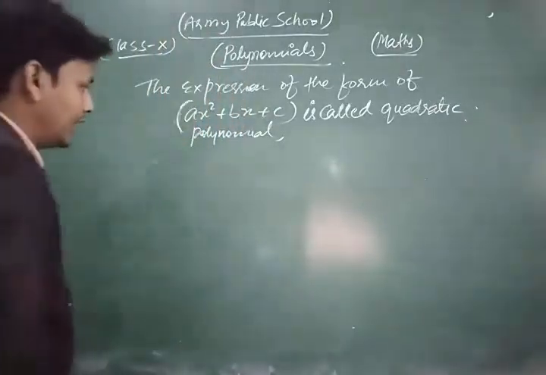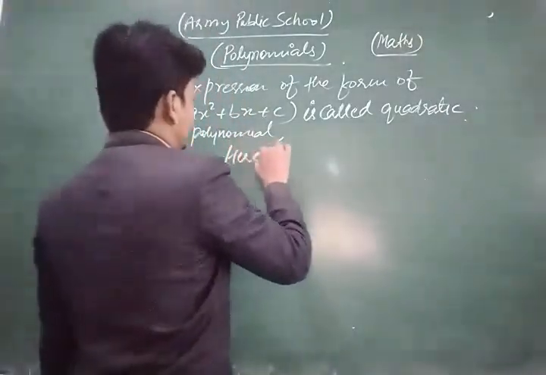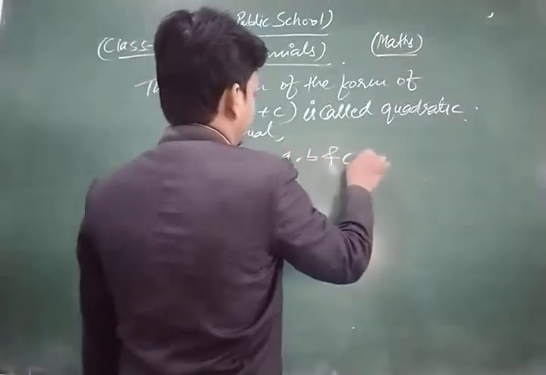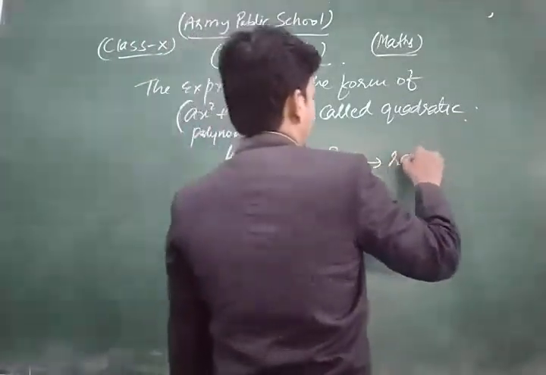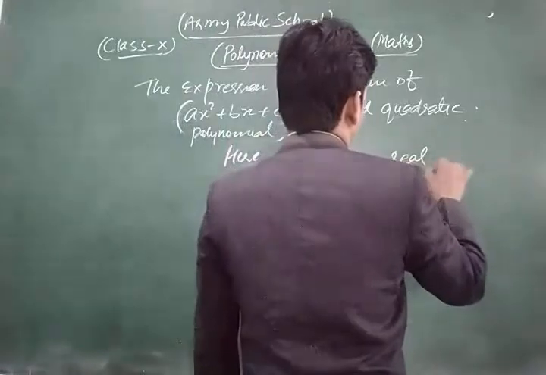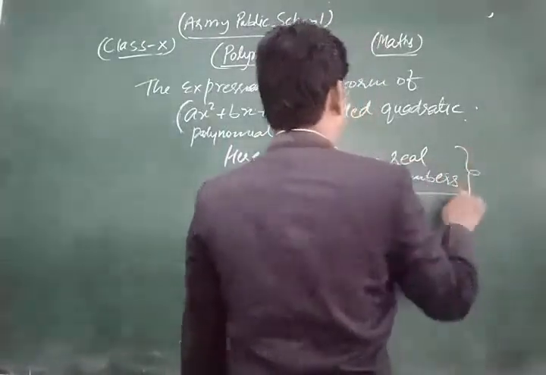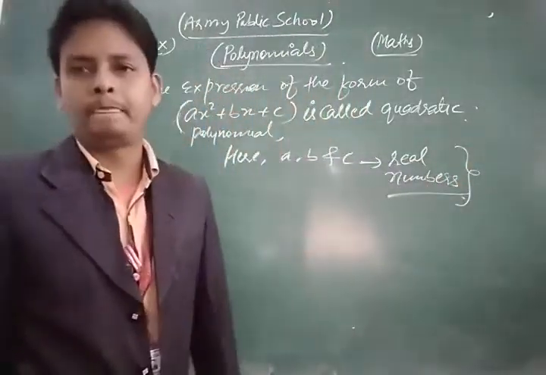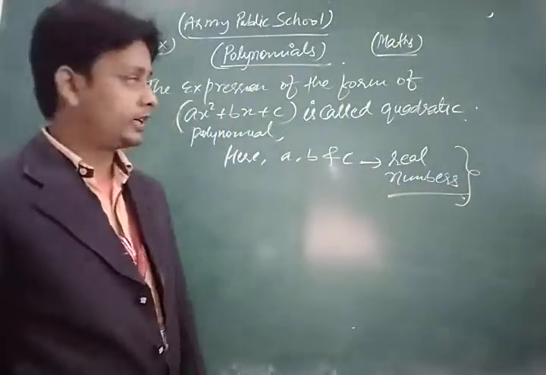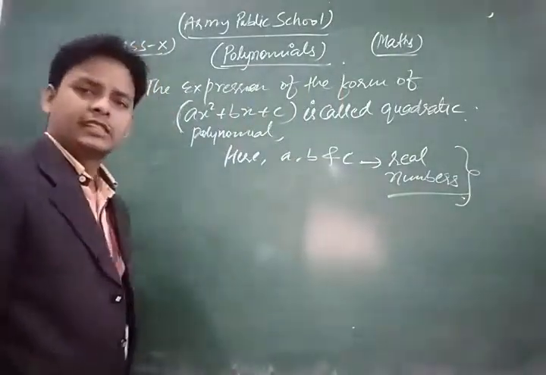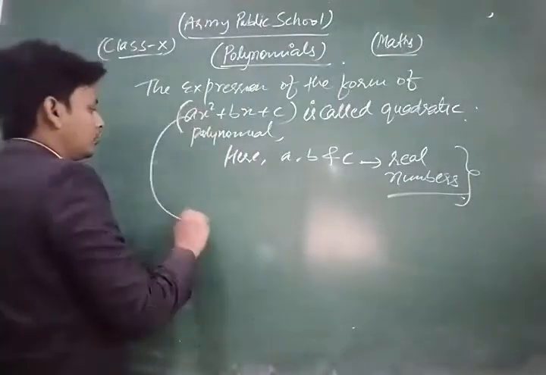Okay, here dear friends, a, b and c are real numbers, and x is the variable. How many zeros does a quadratic polynomial have?